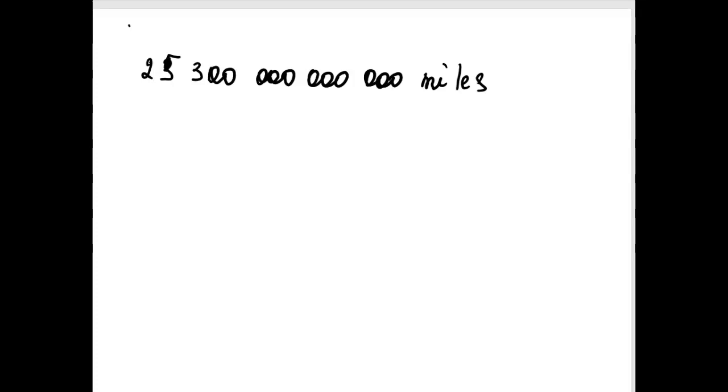So this number shows us the number of miles from Earth to the closest star outside of our solar system. And you agree with me, it's a really big number. So in science we just use a lot of very small numbers like this.